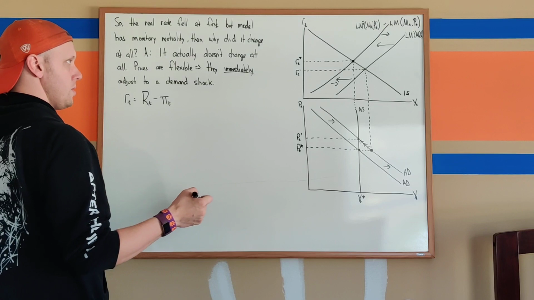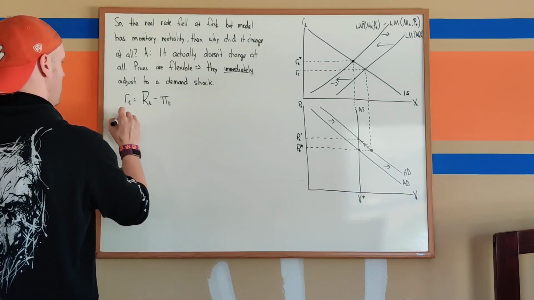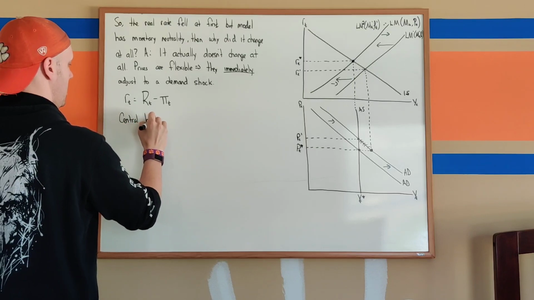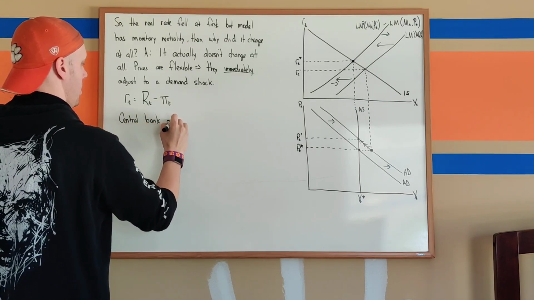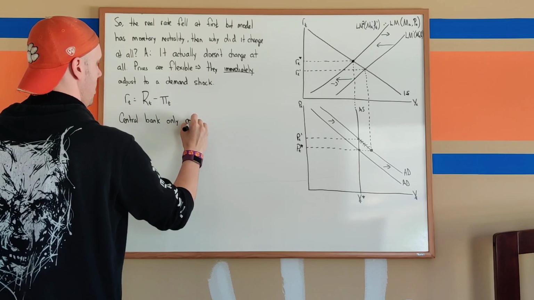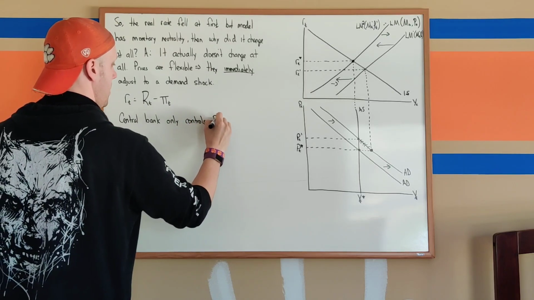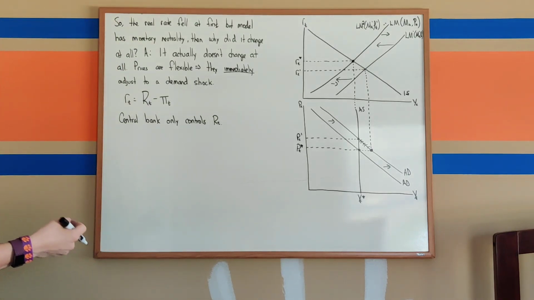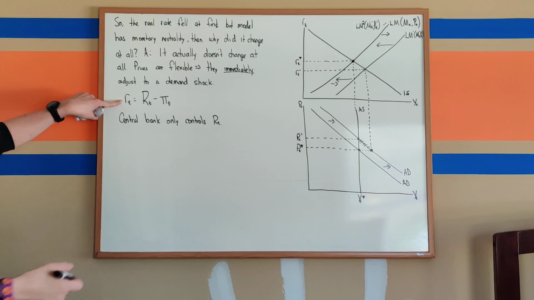Now, the Federal Reserve, or the central bank in general, can only control the nominal interest rate. They can hope to control inflation, thereby adjusting the real rate.